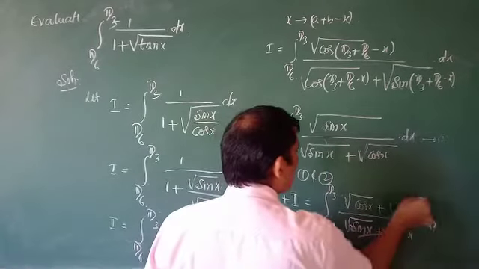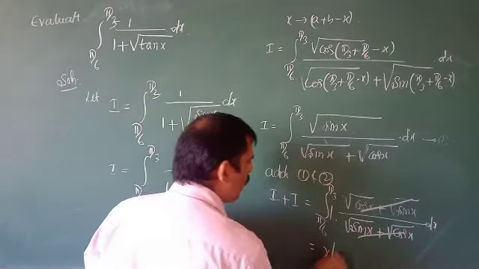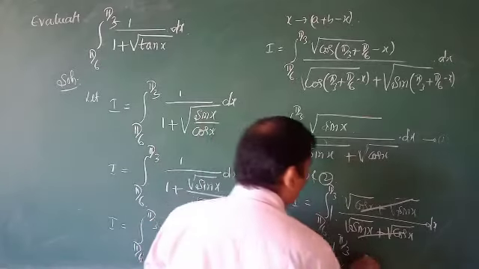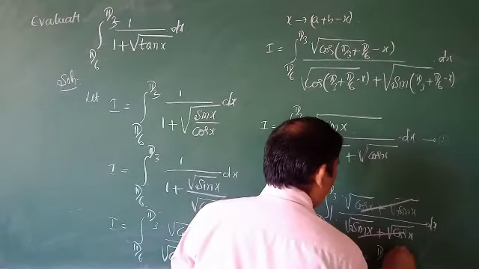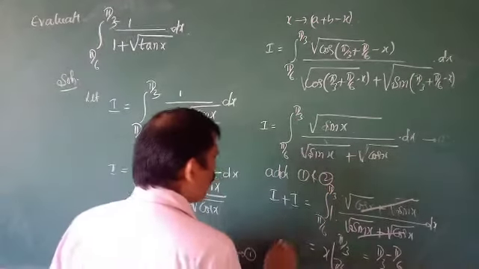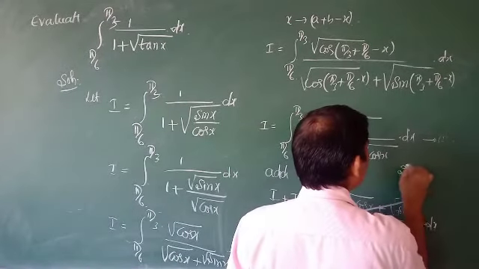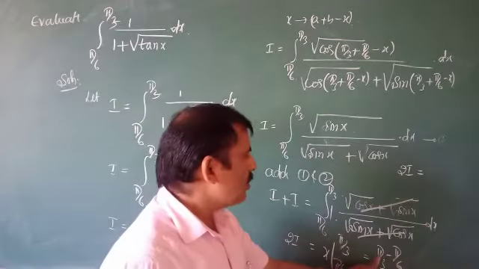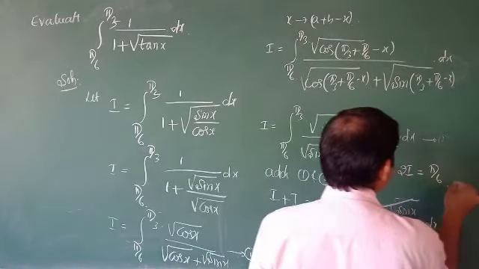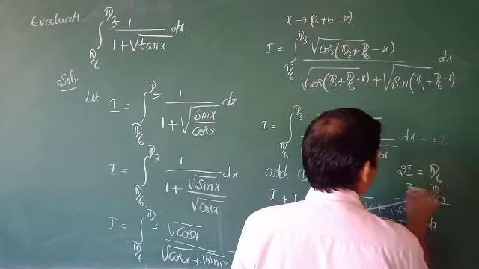It gets cancelled, giving 1. The integral of 1 with respect to x is x, from pi by 6 to pi by 3. Equal to pi by 3 minus pi by 6, so 2I is equal to pi by 6, and I is equal to pi divided by 12.